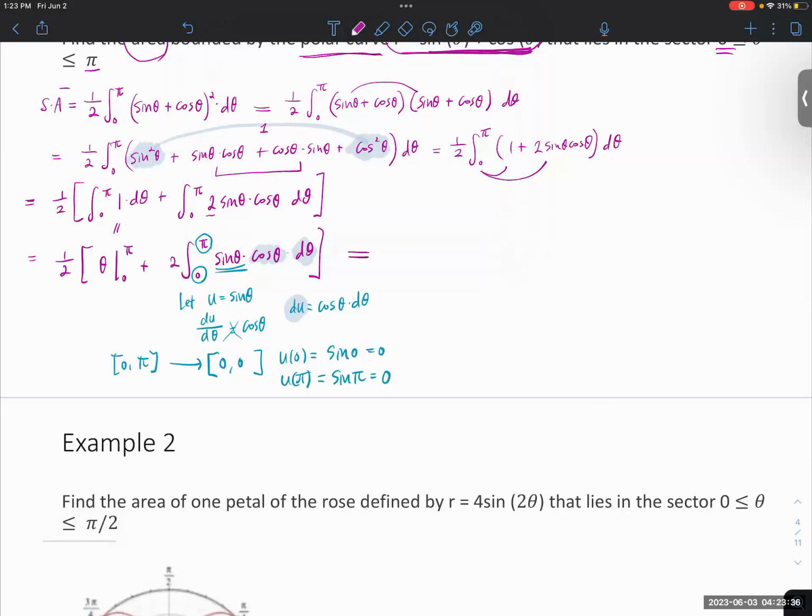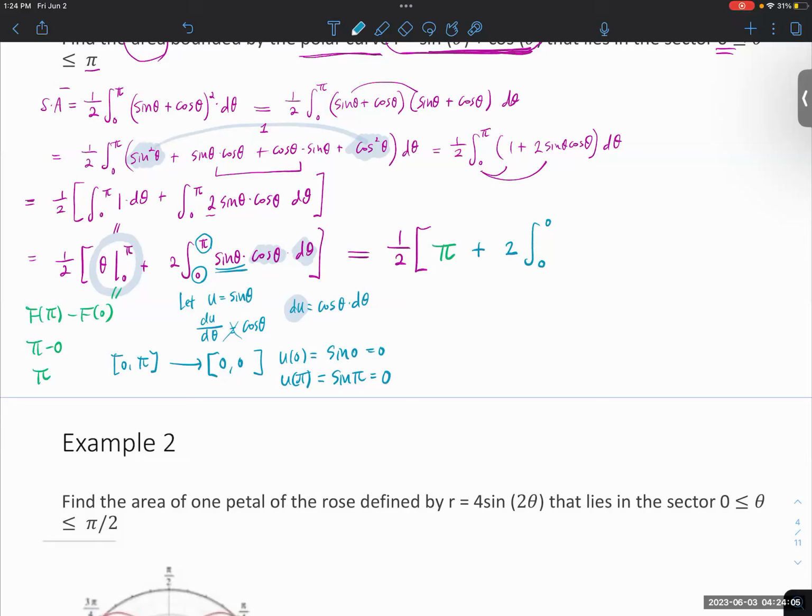So this one, 1 over 2, and you can work on this part. This means theta from 0 to pi, which is pi minus 0. You should get just pi. So this is going to be pi, and I have plus 2, with limits 0 to 0. Am I correct?